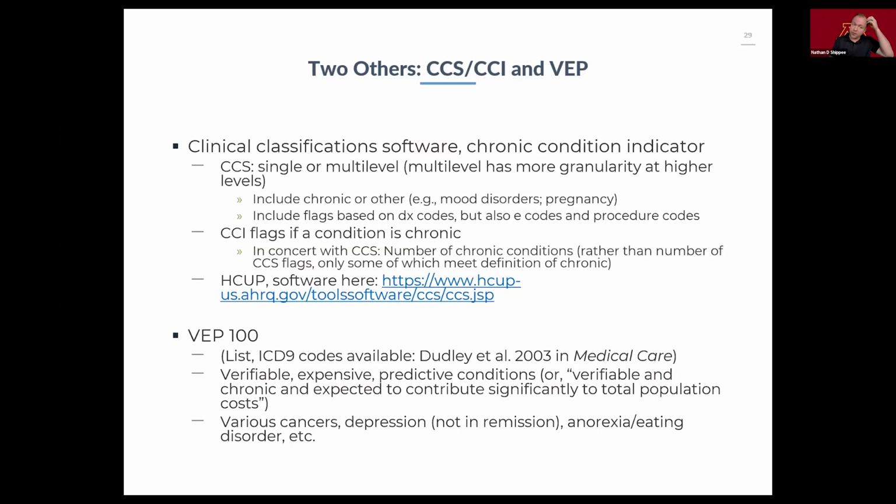Now the CCS can be paired with the chronic condition indicator, and what that does is it flags if a condition is chronic. So if you use the two together, you can get a number of chronic conditions based on a bucketing of basically everything that we can find. So that's just something to think about.